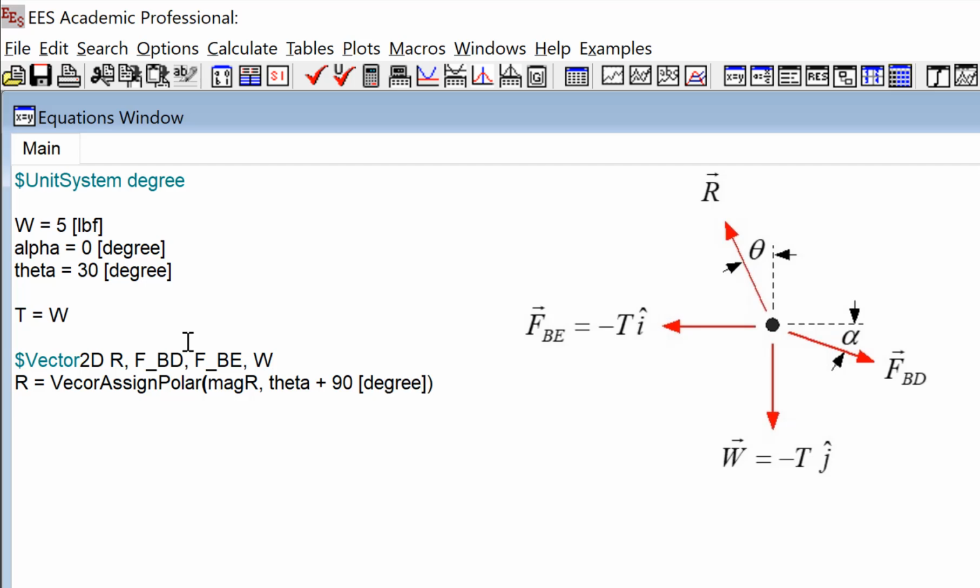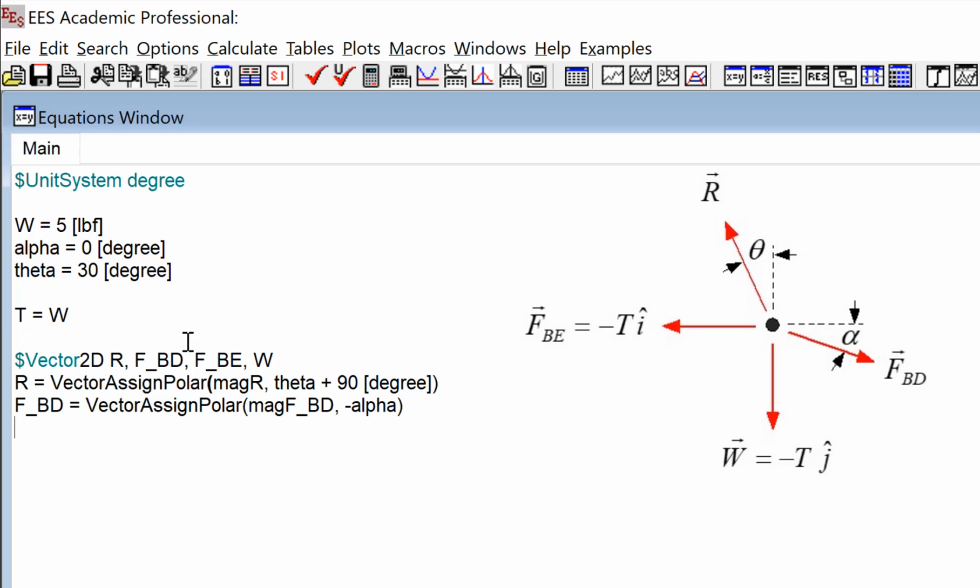All right, and then I have FBD. Again, this is one where I know the angle of the force, so vector assign polar is probably the best way to go. Oh, I forgot a T there. Okay, vector assign polar. This is the magnitude of FBD, and it's at minus alpha relative to the x-axis.